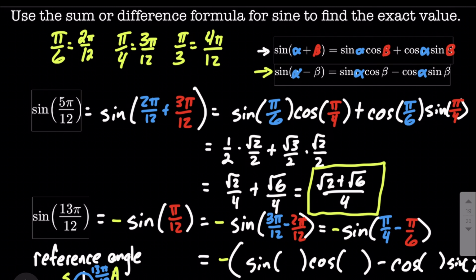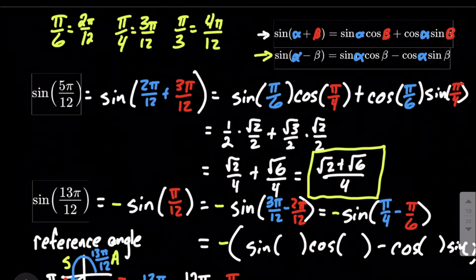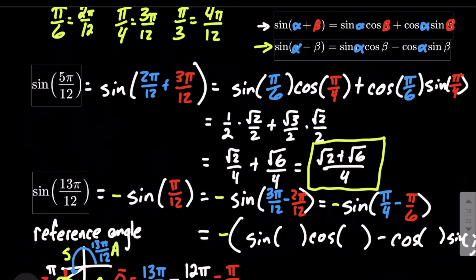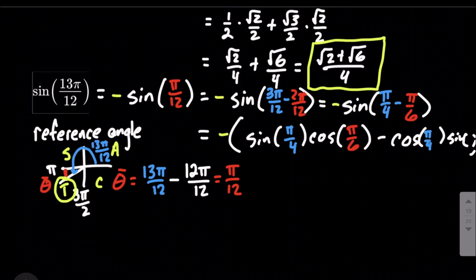I'm running out of space, and then I'll close off my parentheses. Hopefully that makes sense that pi over 4 goes here and here, and pi over 6 goes right here, and at the end here also.